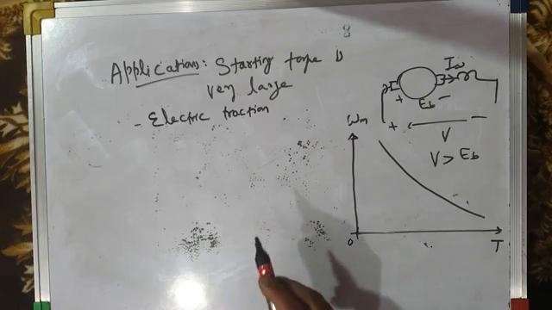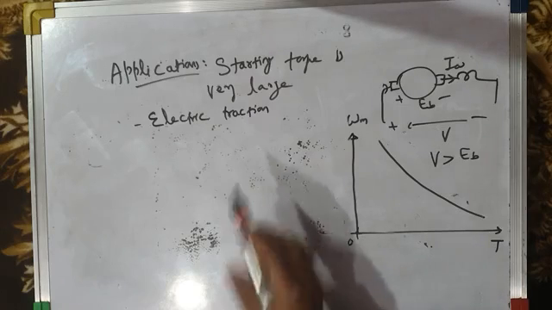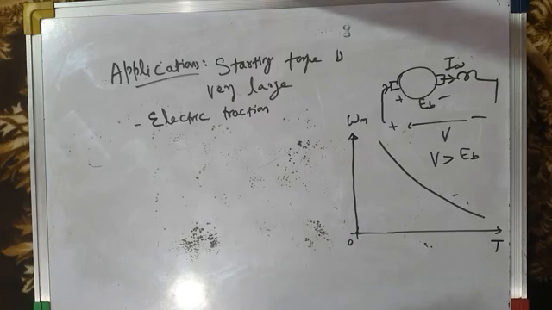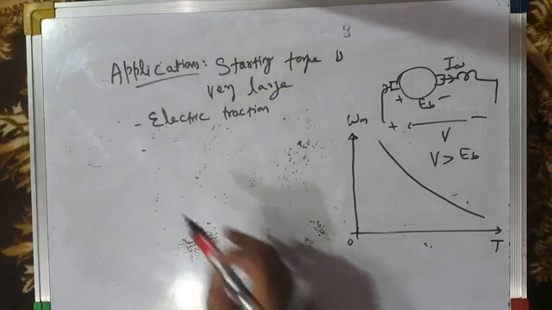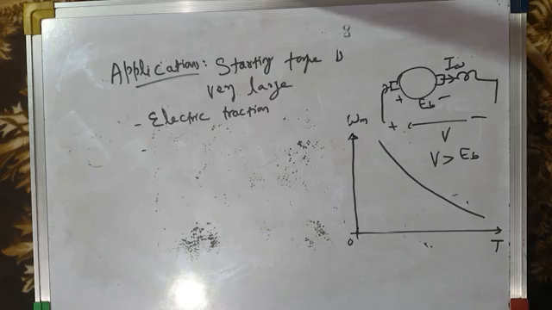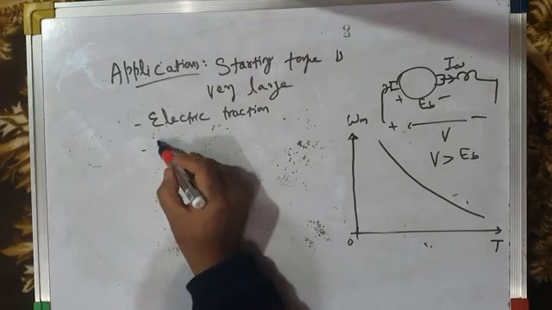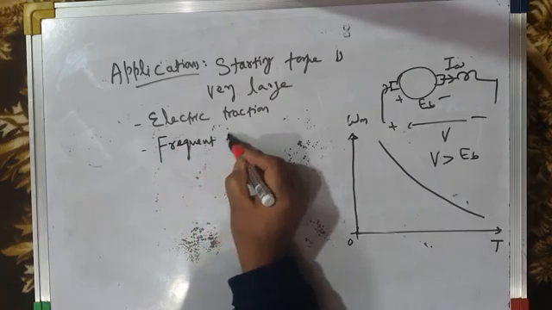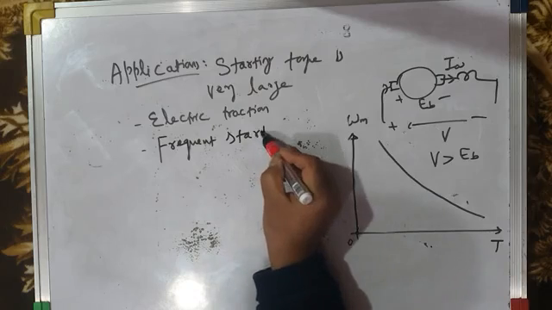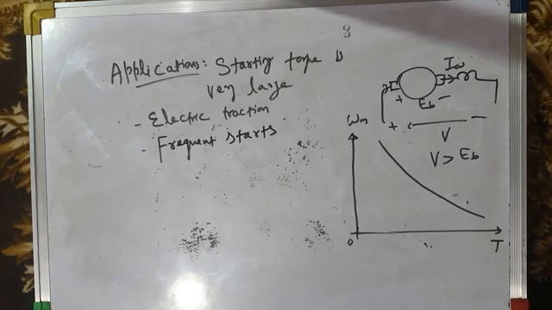So the DC series motor is the most suitable motor for starting an electric traction. It finds applications in electric traction, and also in those loads where frequent starts and stops are there. Okay.